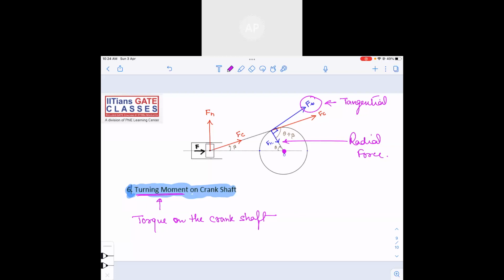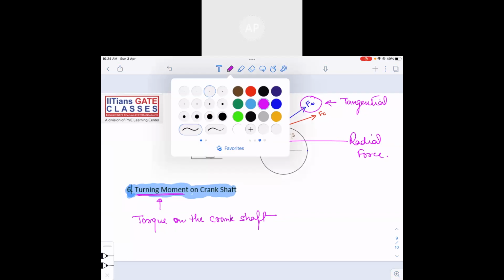What is the crank radius? Let me say the crank radius is r.